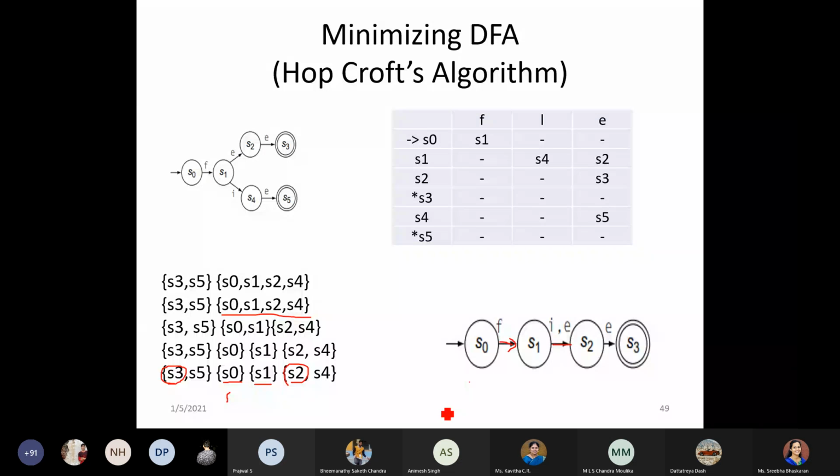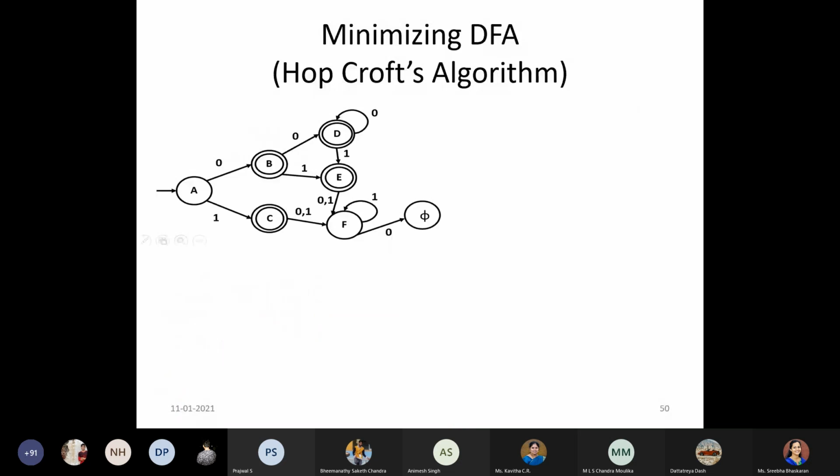Okay. So one more example, if you consider, given this DFA for you, how do we start? I'm assuming that till we reach DFA, all of you are clear with the concepts, because last semester we have done more examples.